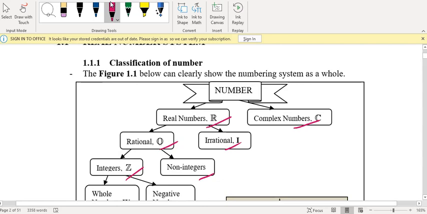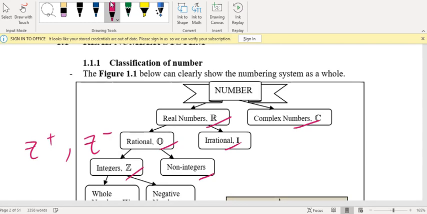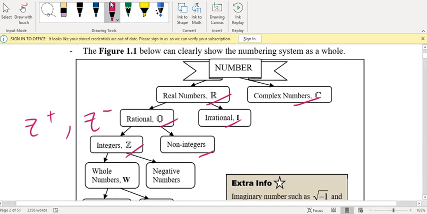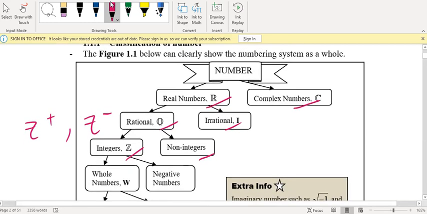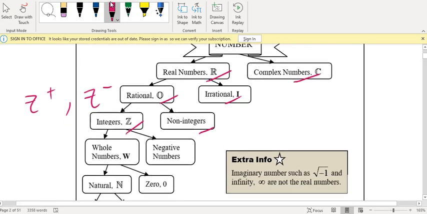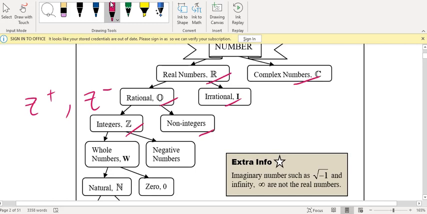Integers can be a positive value or a negative value, so they consist of whole numbers and negative numbers. Negative numbers are anything with a negative sign. Whole numbers can be natural, and don't forget, they also include zero.